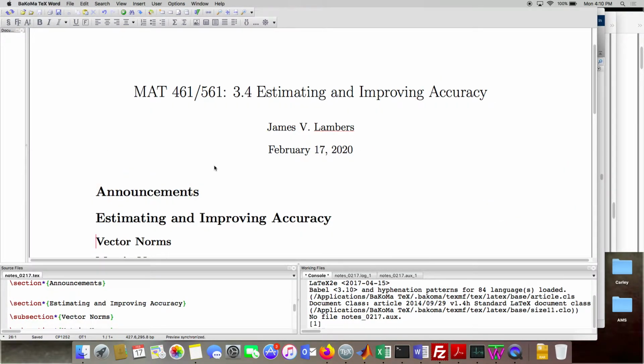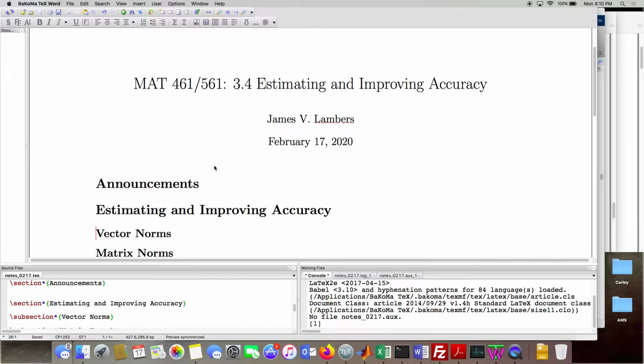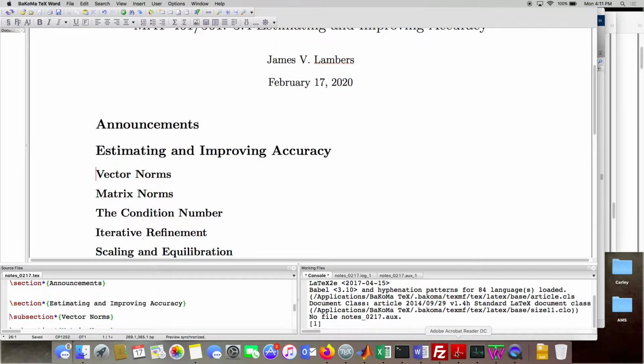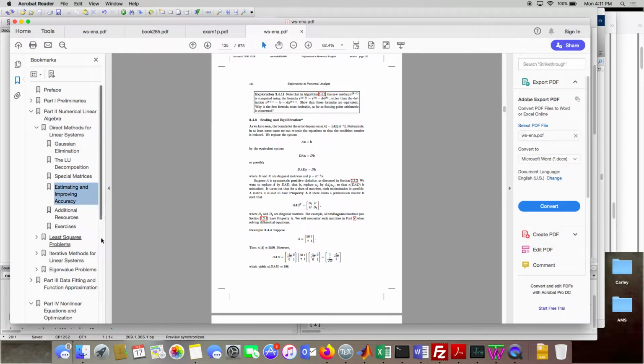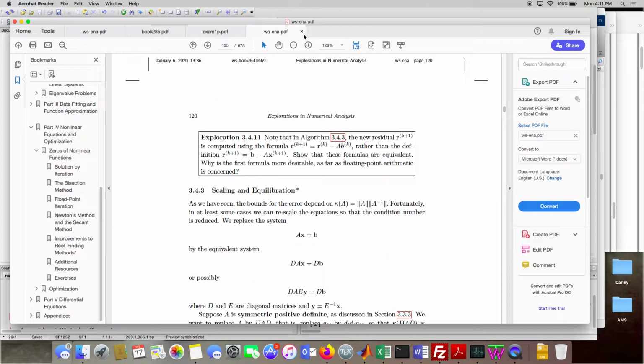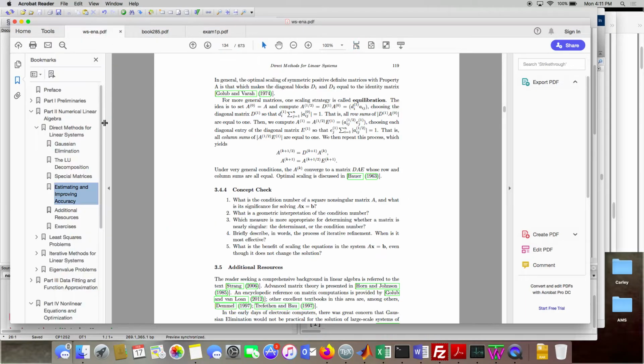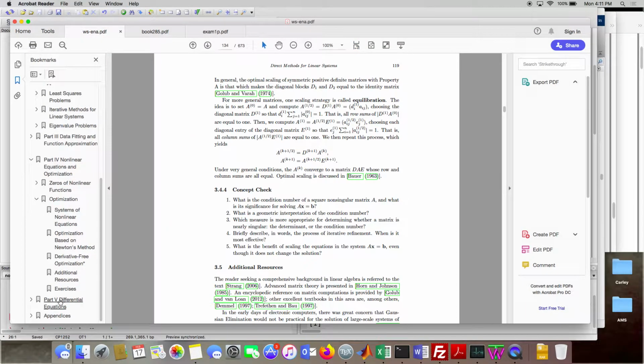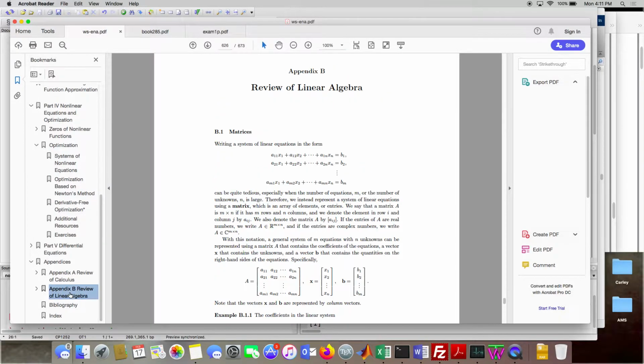Now, there's a portion of some material that is not actually in section 3.4 itself that I need to cover first, but I will tell you where it can be found in the book. Okay, this one. So we have Appendix B, a review of linear algebra.